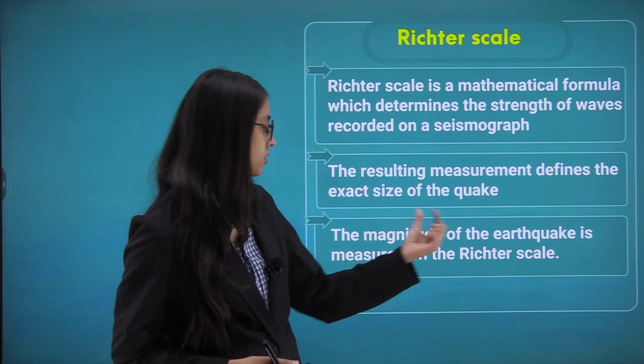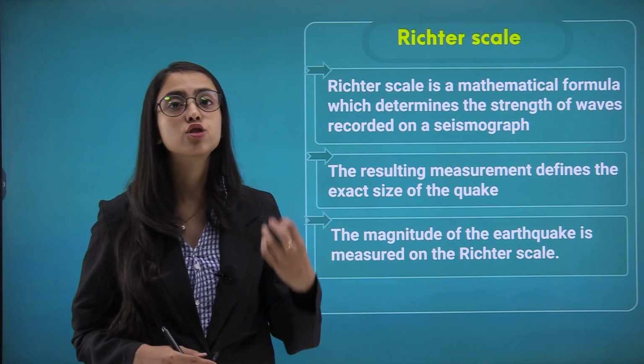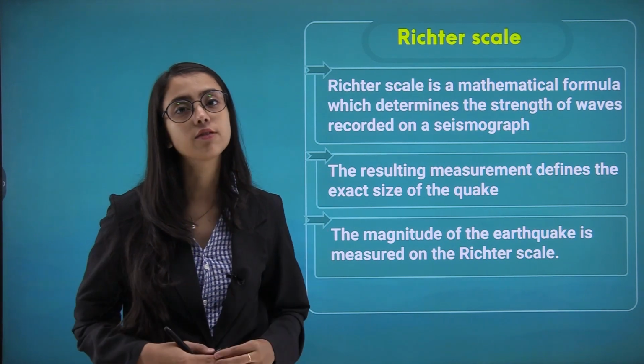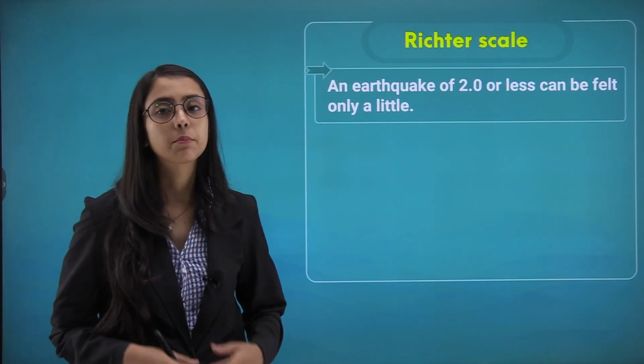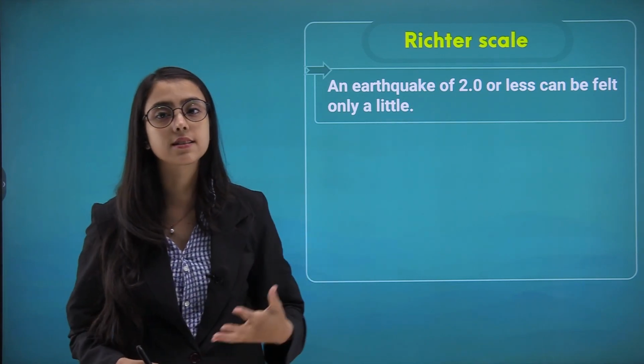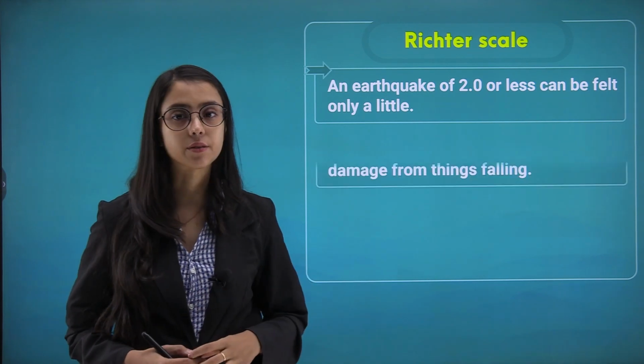The magnitude of an earthquake is measured on a Richter scale, which is a formula for measuring the strength of an earthquake. For example, an earthquake of 2.0 or less can be felt only a little and only around the epicenter.